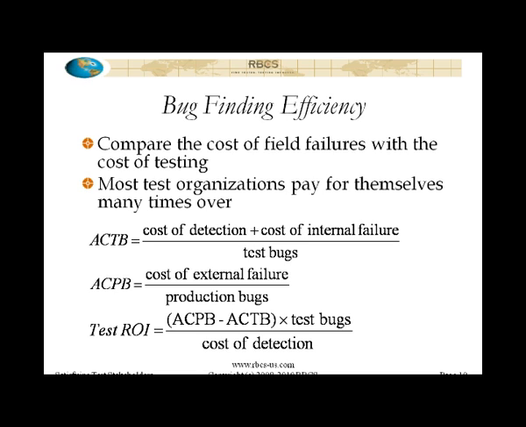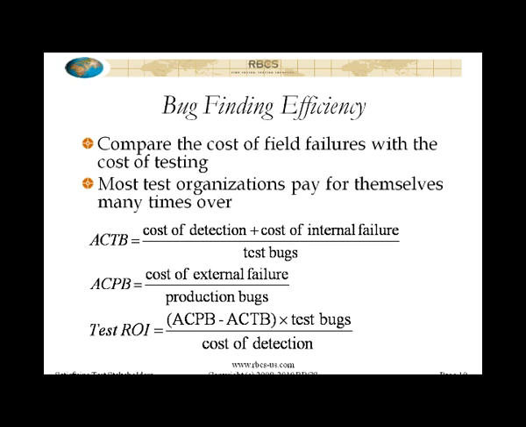Let's say that the difference between a test bug and a production bug is $2,000. Every bug you find in testing is offering the organization, on average, an opportunity to save $2,000. So if you find 1,000 bugs in testing, then your net benefit is $2 million. Now notice that this is a net benefit because it does include the costs associated with testing and with fixing the bugs that are found by testing.